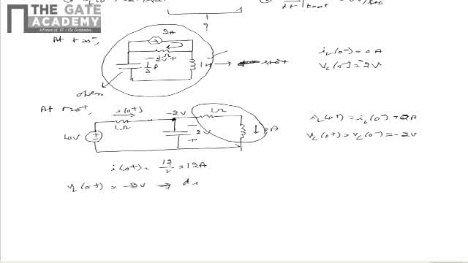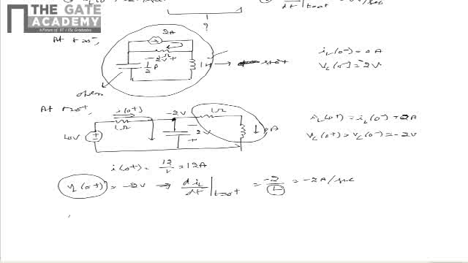That implies, as VL of 0 plus is L multiplied by dIL by dt, dIL by dt at t equal to 0 plus is equal to minus 2 divided by L. As the inductor is having an inductance of 1 Henry, this is equal to minus 2 ampere per second.